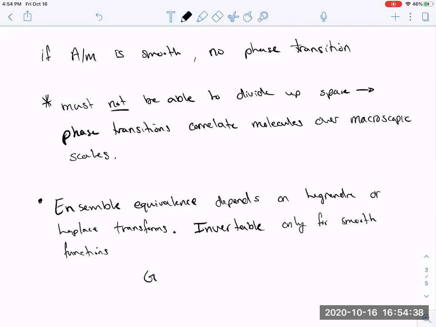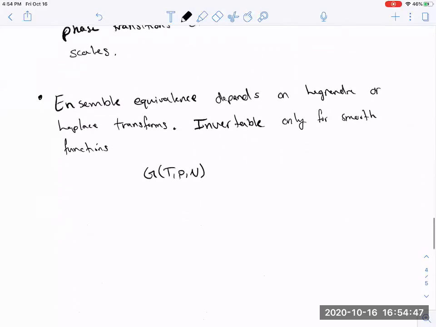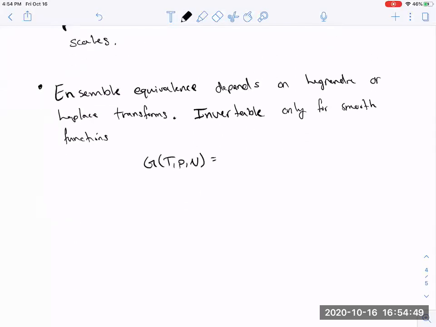For example, controlling temperature, pressure, and number of particles as I would with the Gibbs free energy is related to controlling the temperature, volume, and number of particles as I would through the Helmholtz free energy.